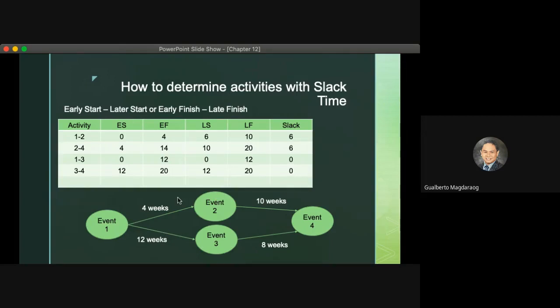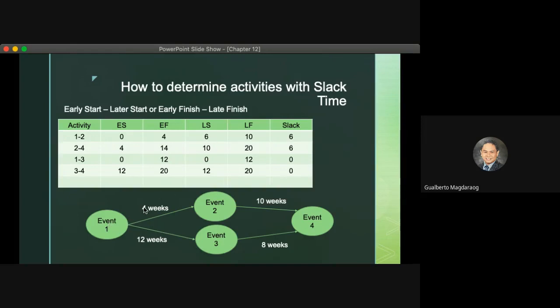Because the trigger point for event 2 to 4 is after you finish event 1 to 2, if you start at 10, probably event 1 to 2 finishes at 10 also. So the latest finish of event 1 to 2 is 10, minus 4, so the latest start of 1 to 2 is 6.